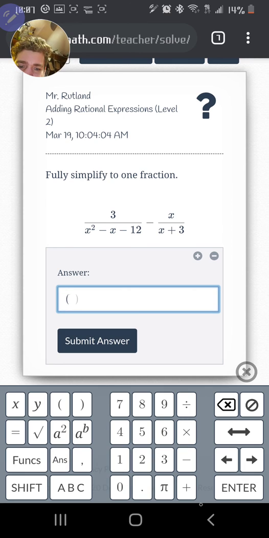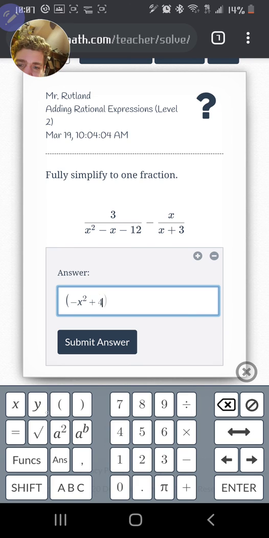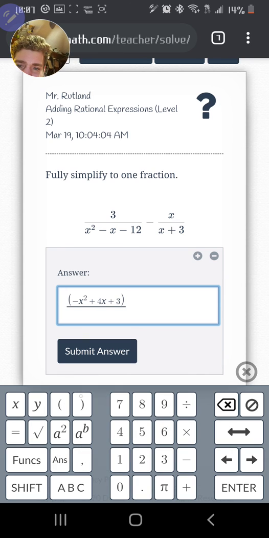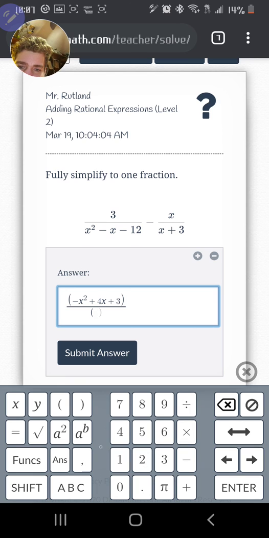And let's see. Negative x squared plus 4x plus 3. Divide that all by x plus 3. Plus 3 times x plus 4.